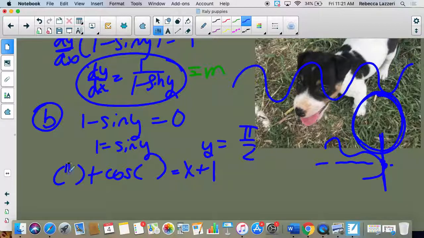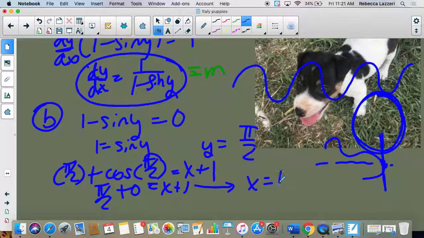Put in pi over 2 and pi over 2. So I get pi over 2, the cosine of pi over 2 is 0, equals x plus 1. And so my x coordinate is x equals pi over 2 minus 1, which is about 0.57. Pi over 2 is 1.57 something. So anyway, that's some number.